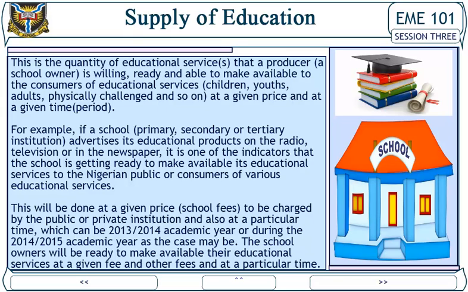This will be done at a given price, school fees to be charged by the public or private institution, and also at a particular time, which can be 2013-2014 academic year or during the 2014-2015 academic year, as the case may be. The school owners will be ready to make available their educational services at a given fee and other fees and at a particular time.